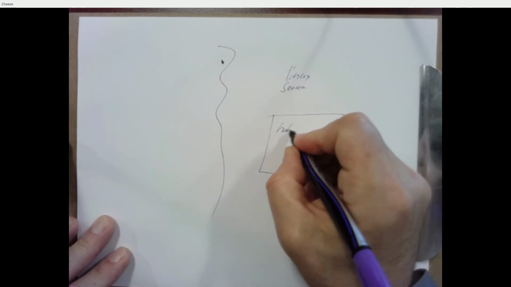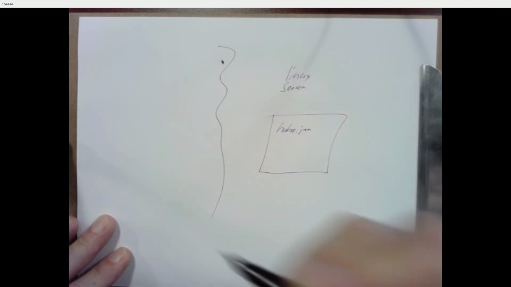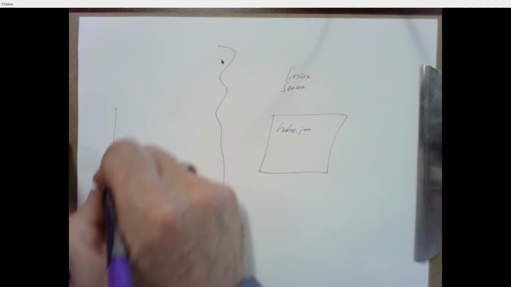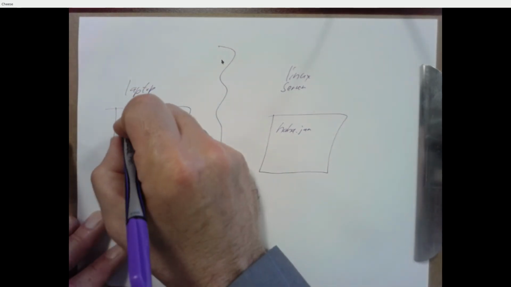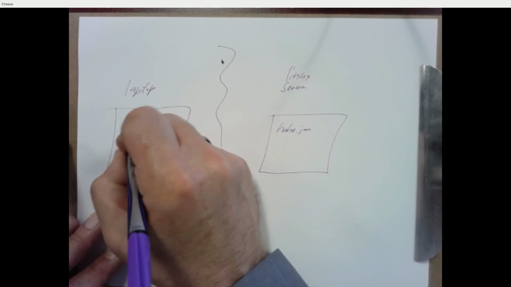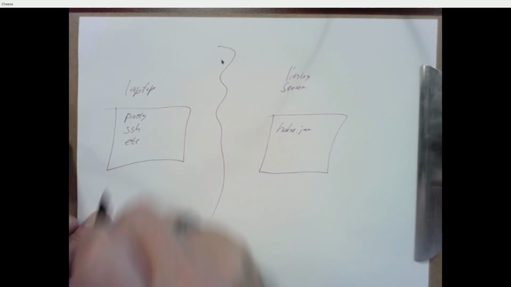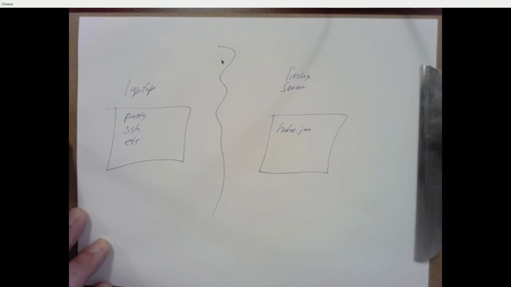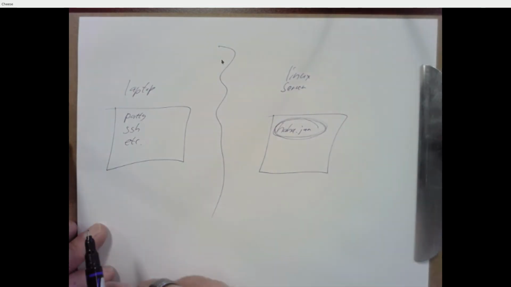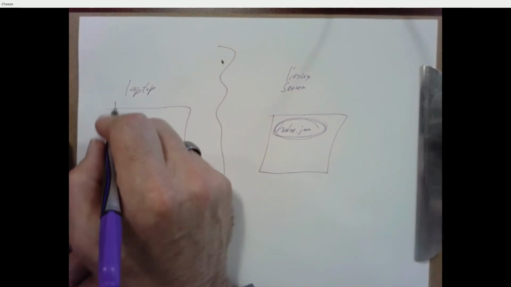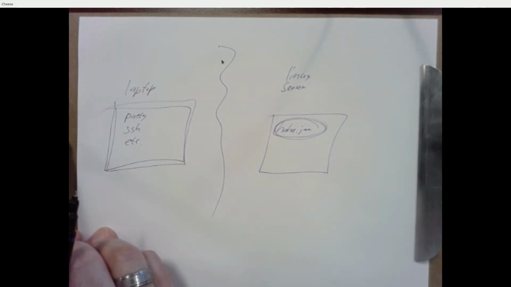And here's my haha.jar, or whatever executable I have. Here's my laptop. I can do PuTTY, I can do SSH, or whatever. And over here, I'm running code that is trying to display a window and pick up mouse clicks and key presses and things like that on my laptop, right?